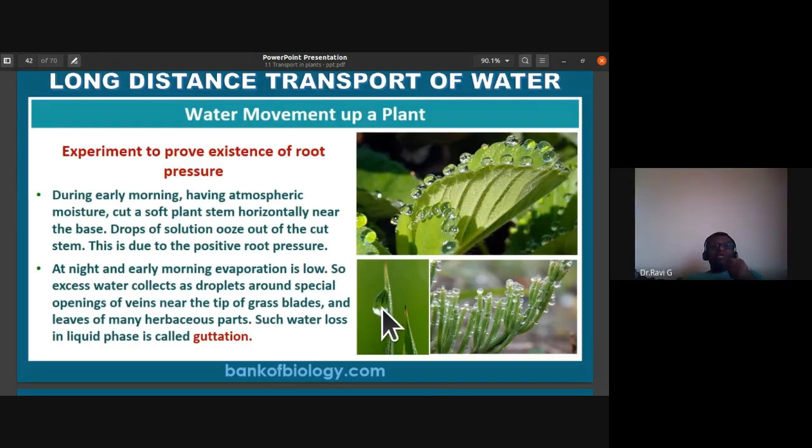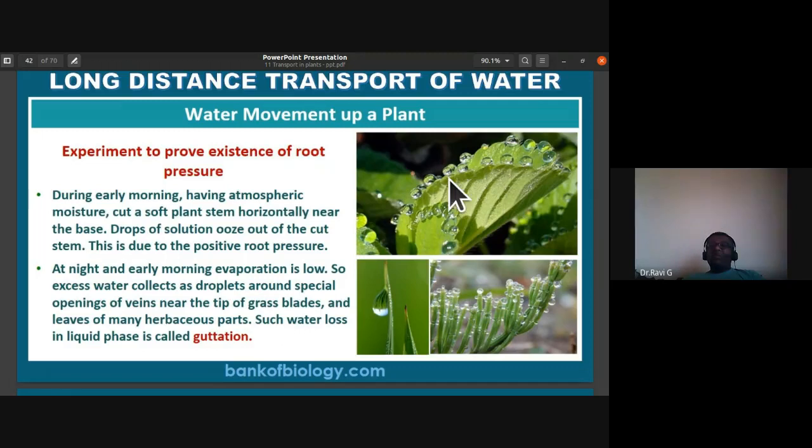So guttation is also an indication of the root pressure. Because of the positive root pressure, the water is lost through the leaf through this opening of veins near the tip of grass blades or in the leaves of many herbaceous plants. Early in the morning, you can notice such beautiful water droplets accumulating at these vein openings in a dicot leaf.